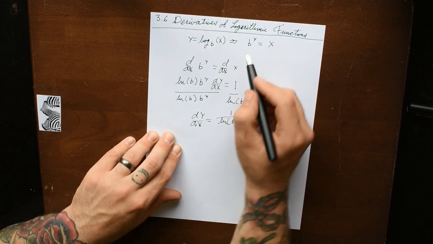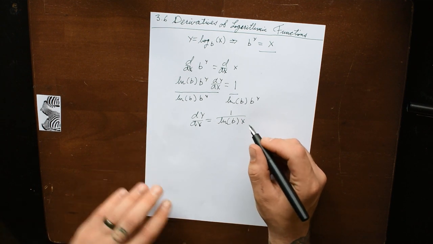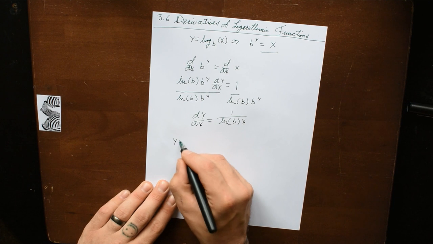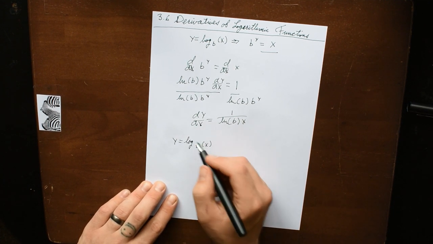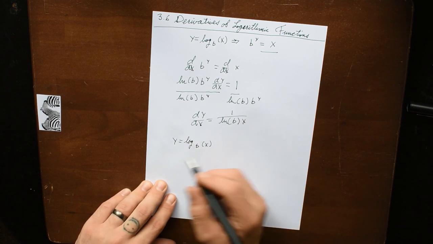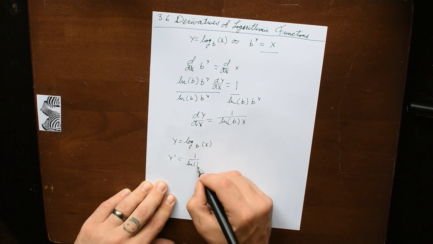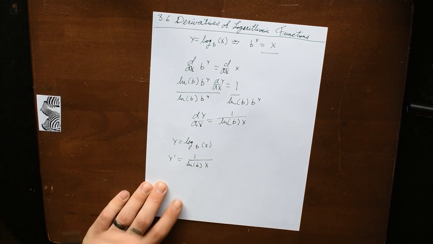And instead of b to the y, I'm going to write x. And this is what we have. If y equals the log base b of x, then dy/dx, y prime, is equal to 1 over the natural log of b times x.